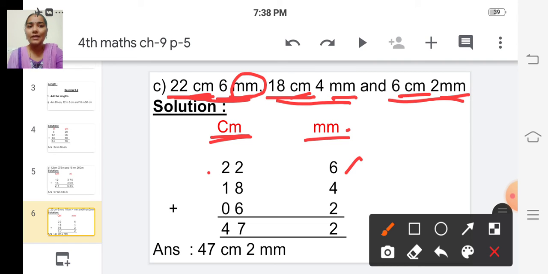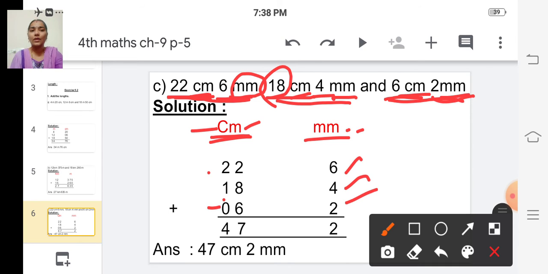So you have to write this 18 below centimeter. Okay, and 4 millimeter. So you have to write this 4 below this millimeter. Okay, and the last one is 6 centimeter. So you have to write 6 below this centimeter. Okay, 2 millimeter. Okay, so now we are going to add these three lengths.